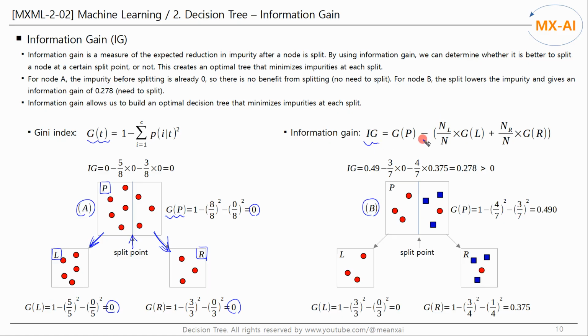Compute the difference between the Gini index of the parent node and the weighted average Gini index of the two child nodes. The first term is the amount of information the parent node has before splitting the node. And the second and third terms are the amount of information the child nodes have after splitting.